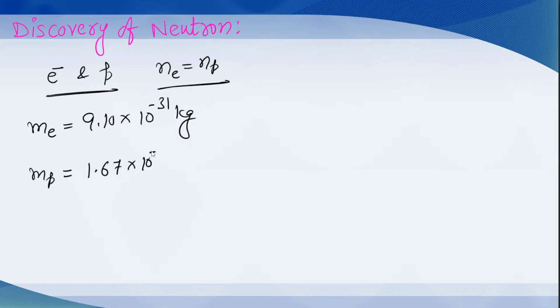And mass of electron is negligible because it was 9.1 into 10 raised to minus 31 kg. But mass of protons, so entire mass of the atom is due to protons only, and mass of each proton is 1.67 into 10 raised to minus 27 kg.